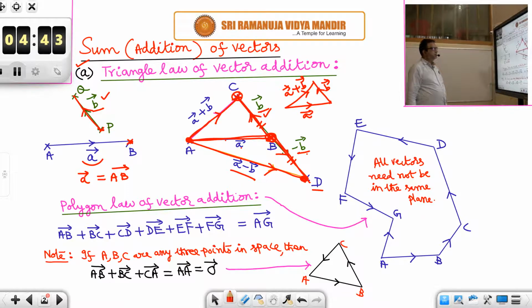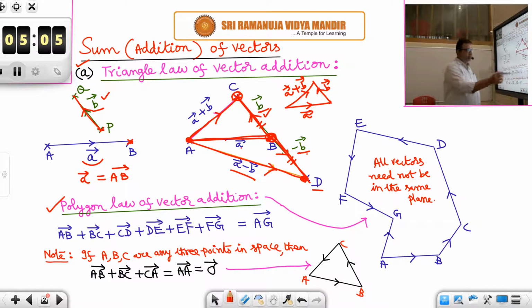This is what is called the triangle law of addition of vectors. But this triangle law can be extended to more than two vectors also, say three vectors, four vectors, any number of vectors can be added like this. Then the law is called the polygon law of addition of vectors.